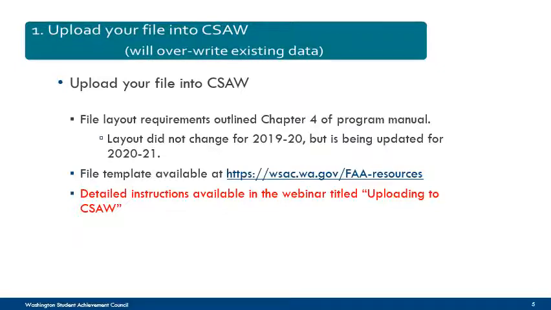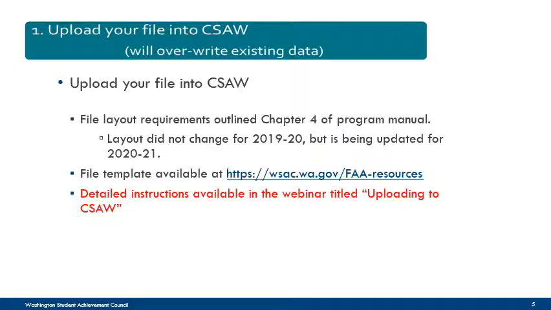All right, so you're going to upload your file into Seesaw. The file layout requirements are outlined in Chapter 4 of the program manual. The layout did not change for the 1920 year, so please continue to use it as it is. But it is being updated for the 2021 year, and you will be getting notification regarding those changes shortly.